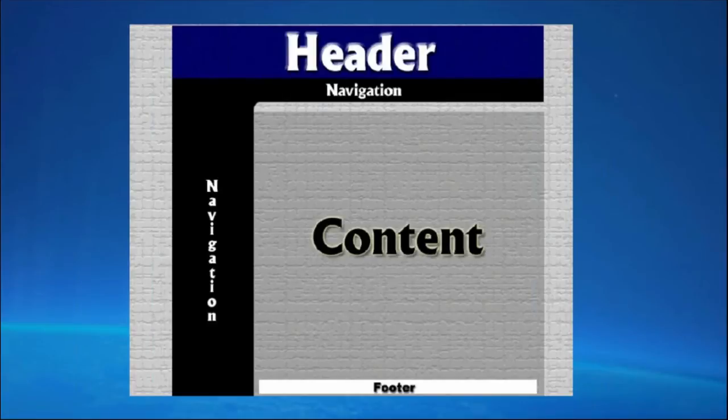Then they'll run navigation, some buttons or some links, right under that header, and or down the left-hand side of the page. Okay. Sometimes you'll just have the navigation down the left-hand side of the page, and you won't have any navigation under the header. But you can do both. You can put them in both places. Some put them in both places, but those are the places where people expect to see the navigation.